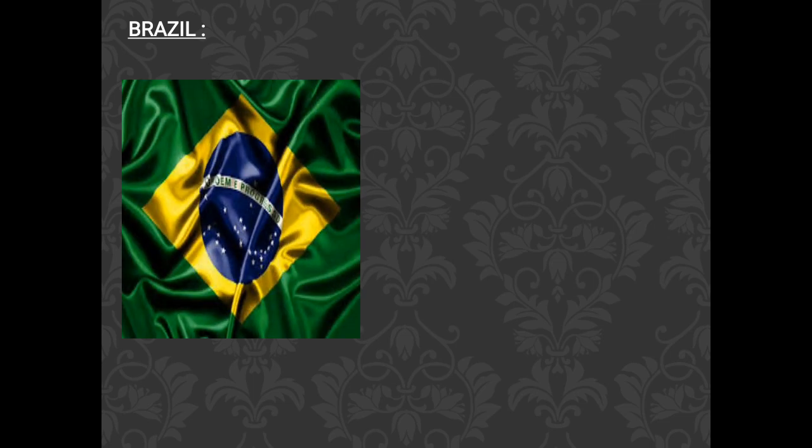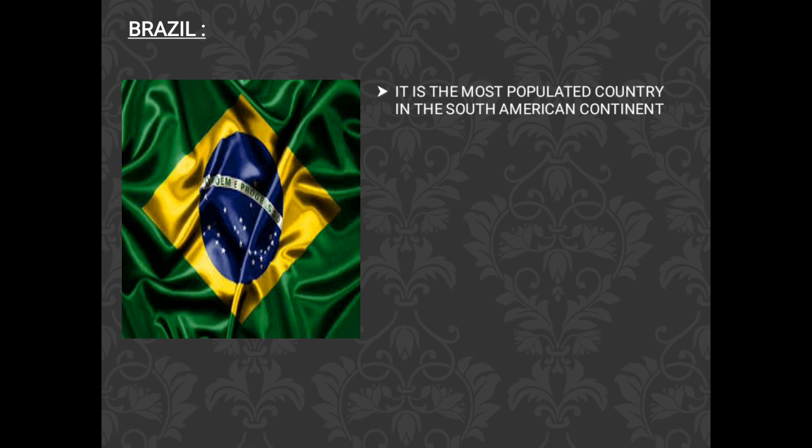Now we will study about Brazil. Brazil is the most populated country in the South American continent. With a population of around 19 crores, according to Census 2010, it ranks 5th in the world.